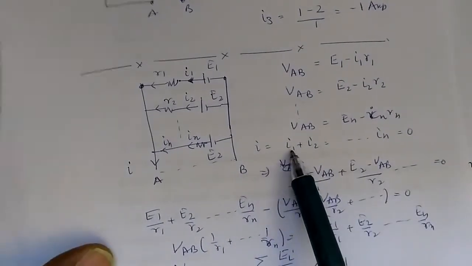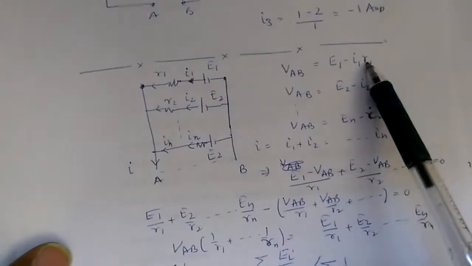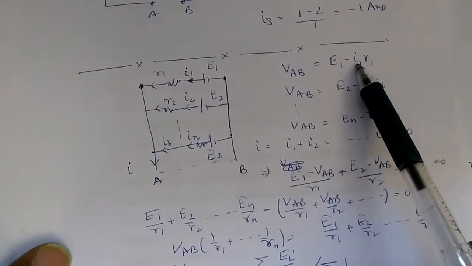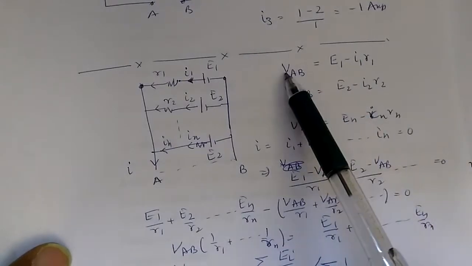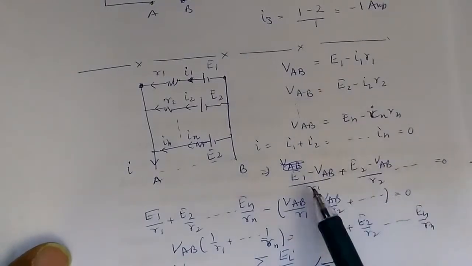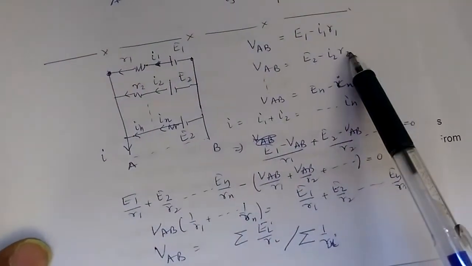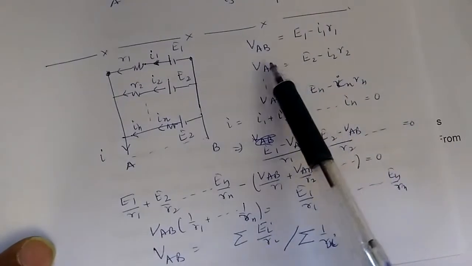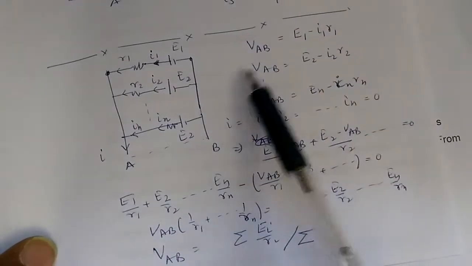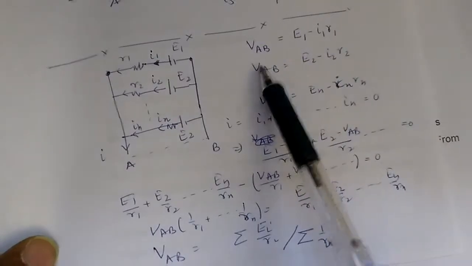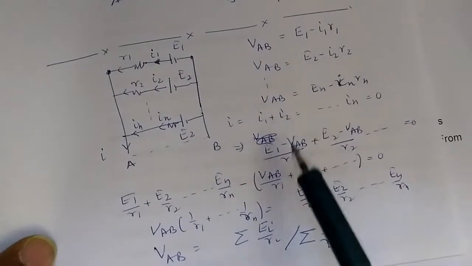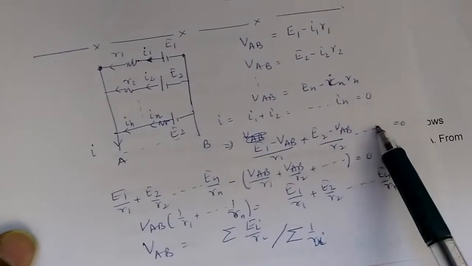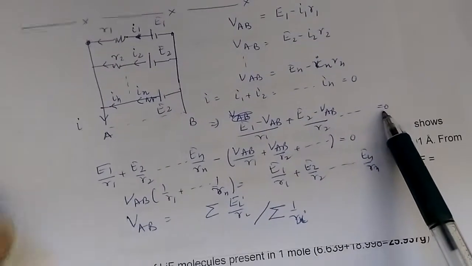And if we want, we can substitute the value of I from this equation. I1 is equal to E1 minus VAB divided by R1. And similarly, taking I2 R2 to the left hand side, I2 is equal to E2 minus VAB divided by R2. And so on and so forth for the nth term, and this sum is equal to 0.